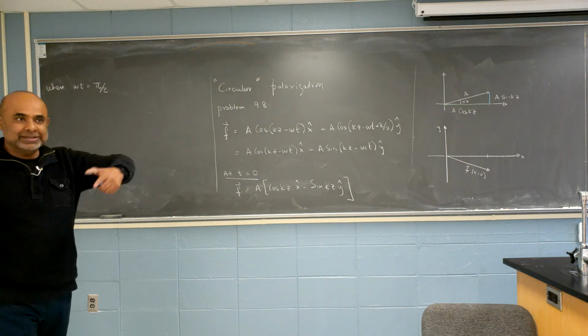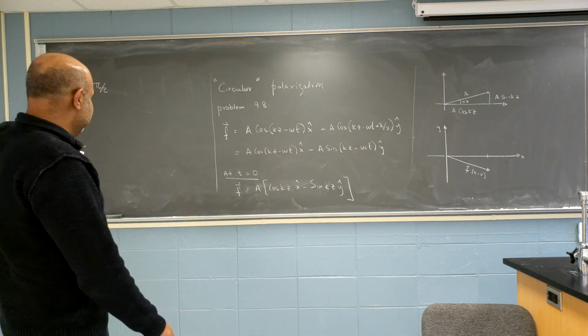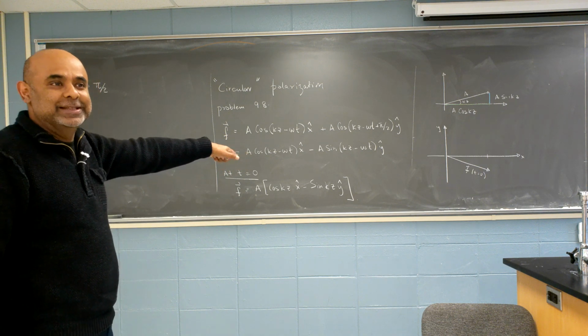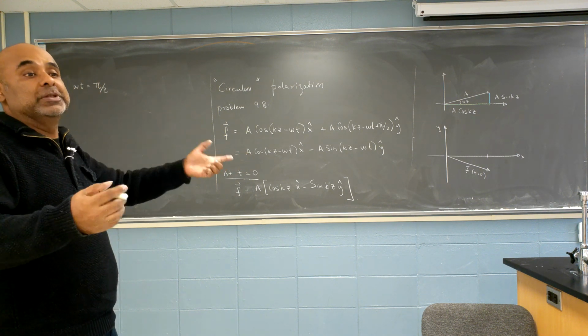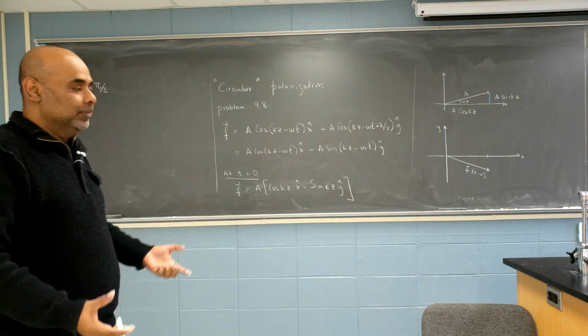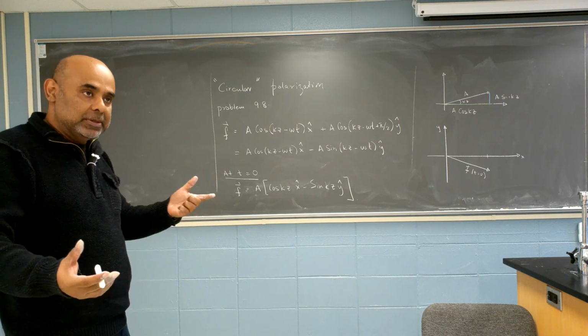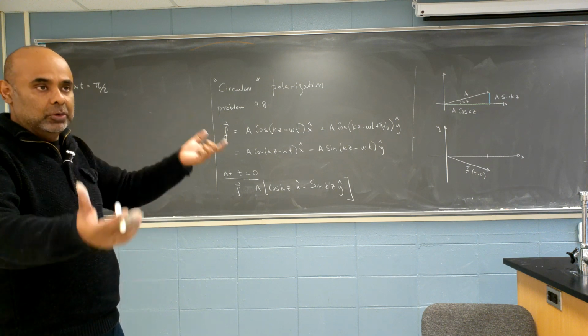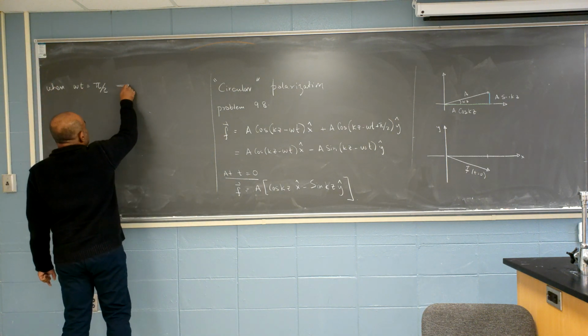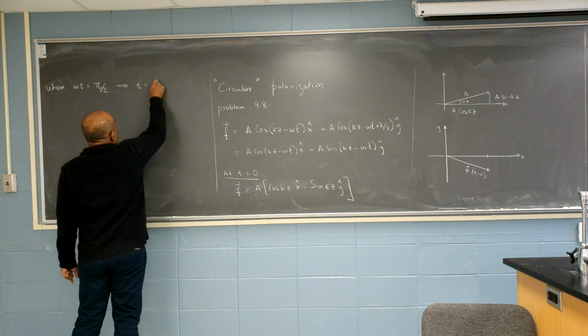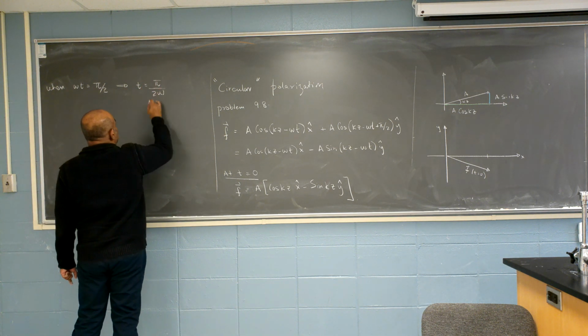Just to see what it does a little, because when I do pi over 2, it's easier to plot. There's nothing specific about pi over 2. It's that when you have sine of 90 plus theta, cosine of 90 plus theta, you know the formula. Which means t equals pi over 2 omega.